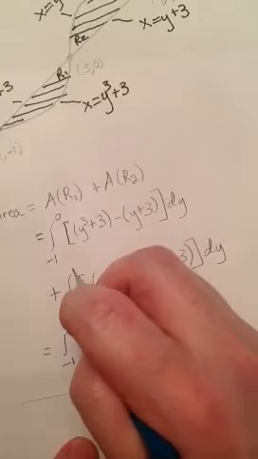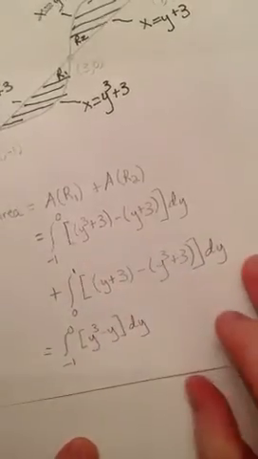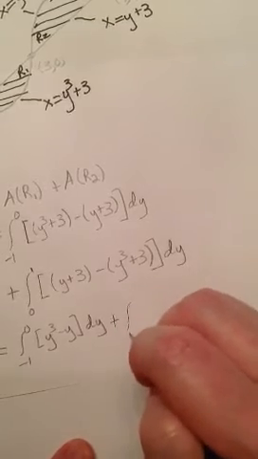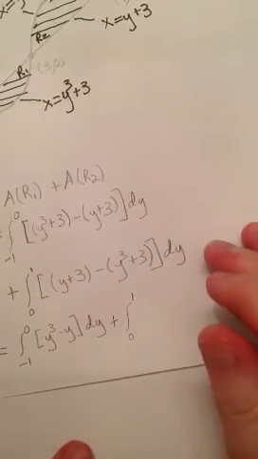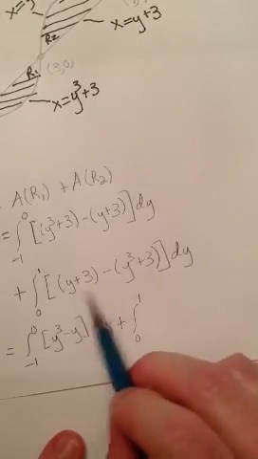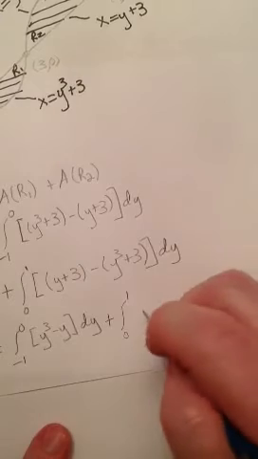And again, for the second region we have going from 0 to 1. We have the role reversal. Again, the constants will cancel, but now we have y minus y to the third.